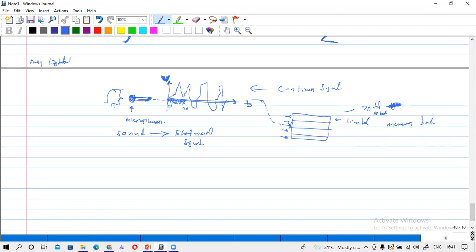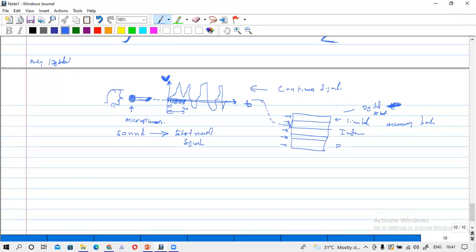Say you want to store the signal from 0 to 20 minutes. From 0 to 20 minutes, there is an infinite number of voltage levels, so we can't store them all because we have a limitation on our memory.